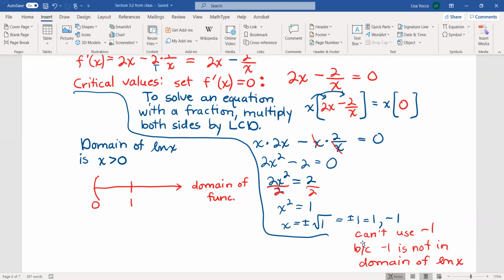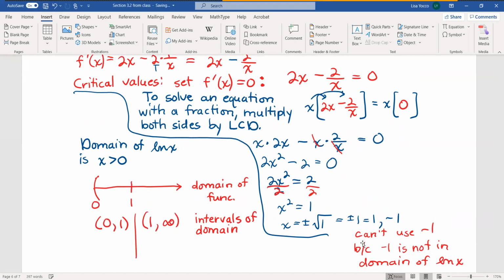My next step is to break that down into intervals of the domain. And here they are: a little tiny interval from 0 to 1 and then from 1 to infinity. Those are the intervals of the domain.